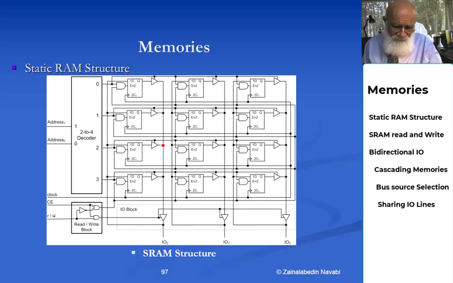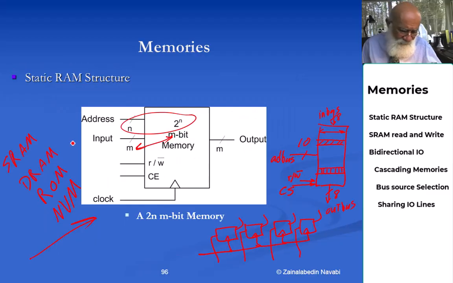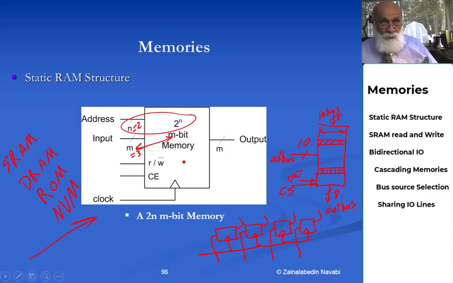Just to make it simple so that I can show the entire structure, I have words that are only 3 bits, and I have 2 address lines, meaning that I have a total of 4 3-bit words. Going back to this, N is 2 here, and M is 3 in the structure I'm showing.